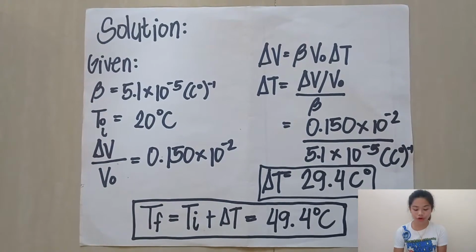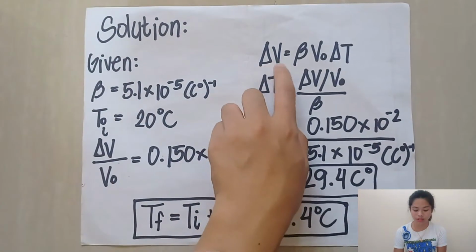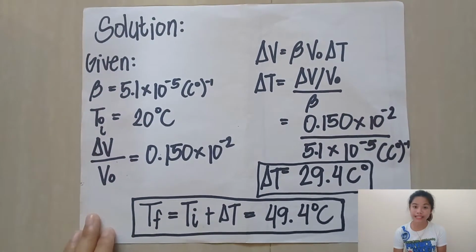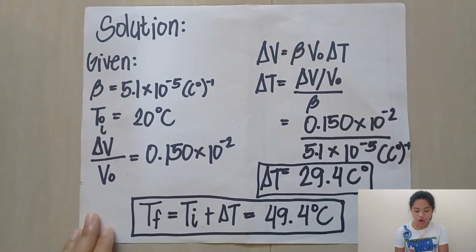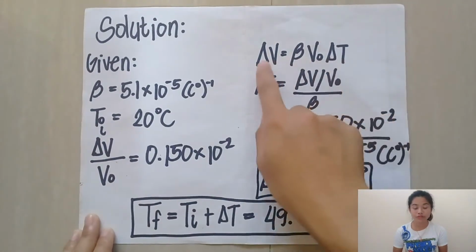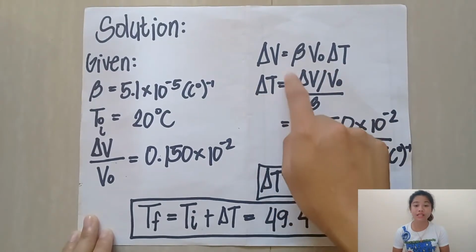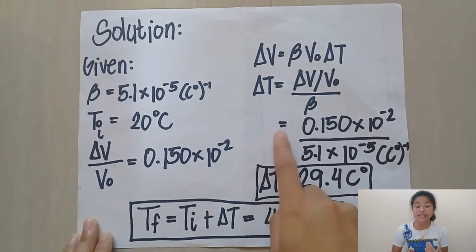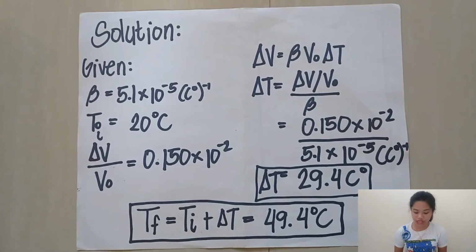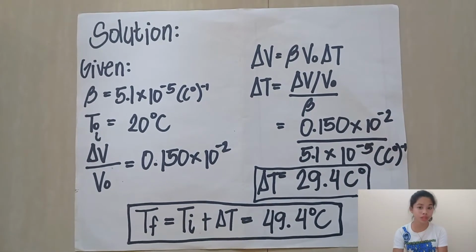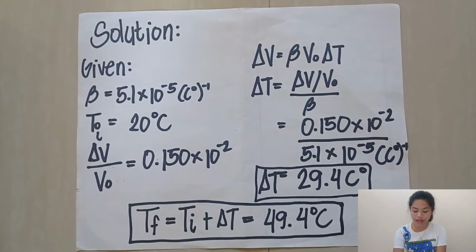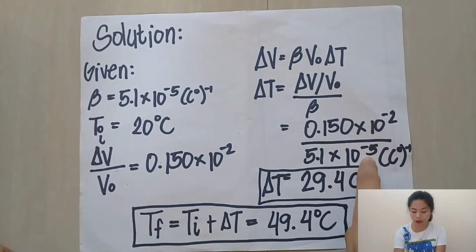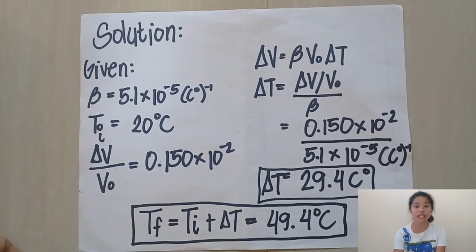Our formula for volume expansion is delta V equals beta V naught delta T. In order to get the change in temperature, we will manipulate that formula, so delta T is equal to delta V over V naught over beta. Substituting all the given values, delta V over V naught is 0.150 times 10 to the power of negative 2, over 5.1 times 10 to the power of negative 5 Celsius degrees inverse.